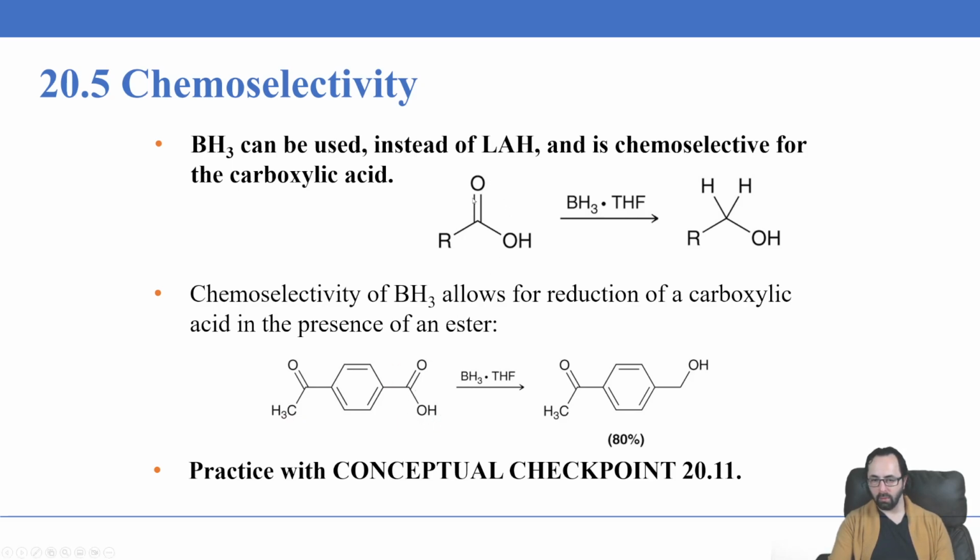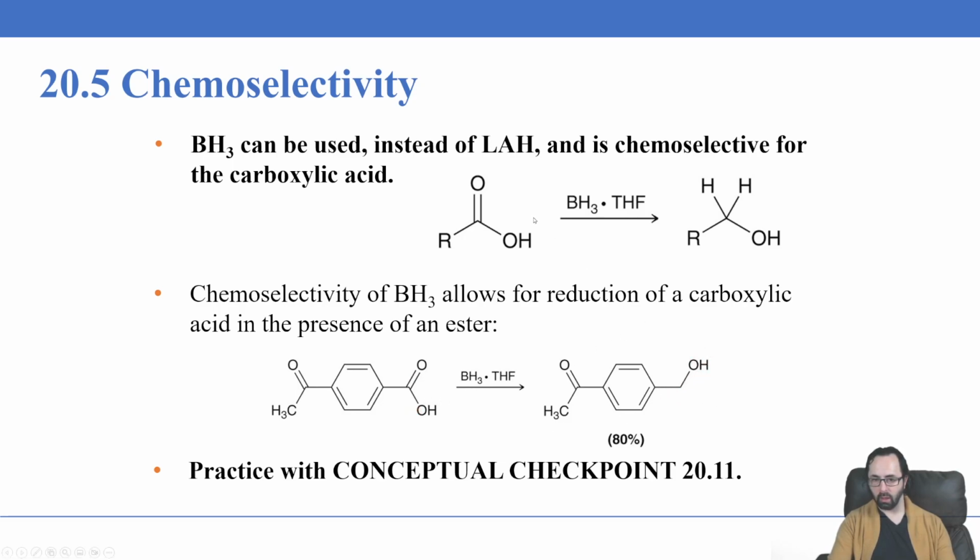So now if we have a carboxyl group like this and we use borohydride in THF, of course, to stabilize the borohydride, recall that from the alcohols chapter 12, it will then reduce the carboxylic acid to a primary alcohol. But if you have an aldehyde or a ketone group here and you use the borohydride, you can selectively reduce the carboxylic acid so that it becomes a primary alcohol.